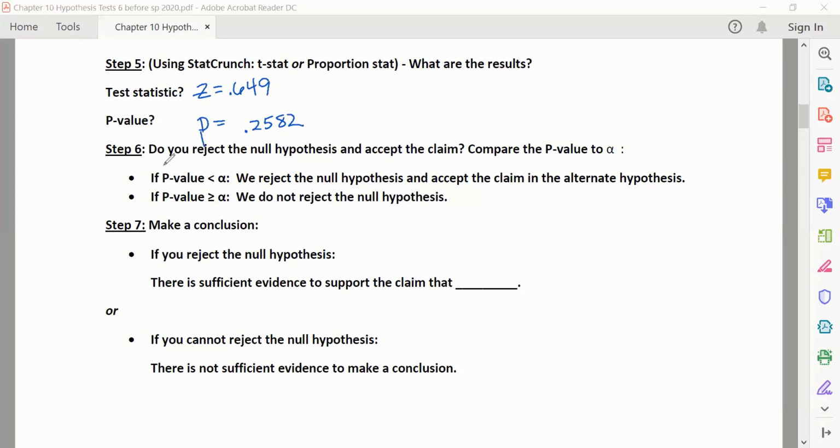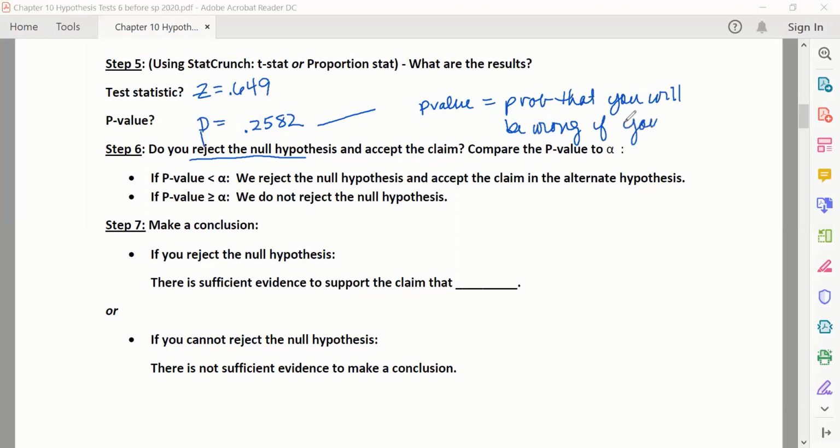So our next step is to decide, do you reject the null hypothesis and accept the claim by comparing our p-value to alpha. Now the p-value, as an aside, is the probability that you will be wrong if you accept the claim, if you reject the null.